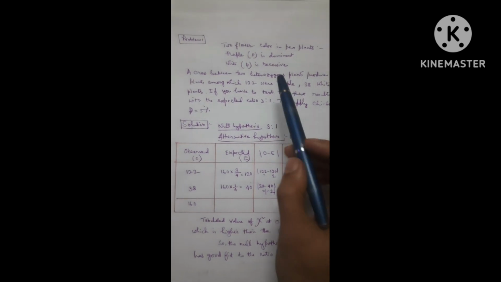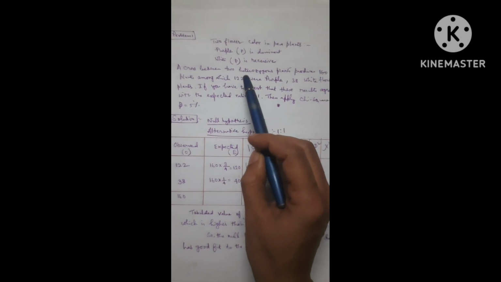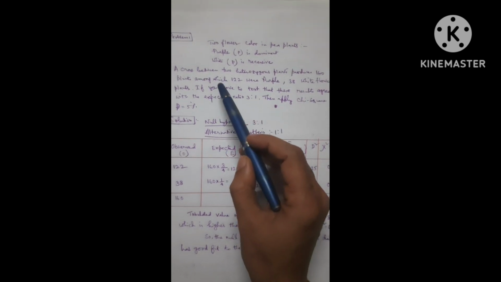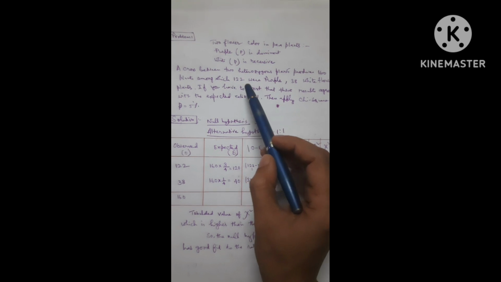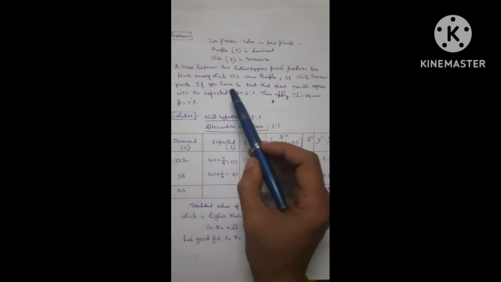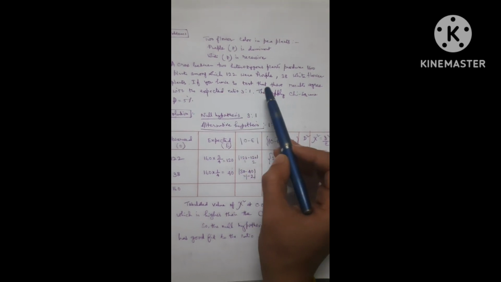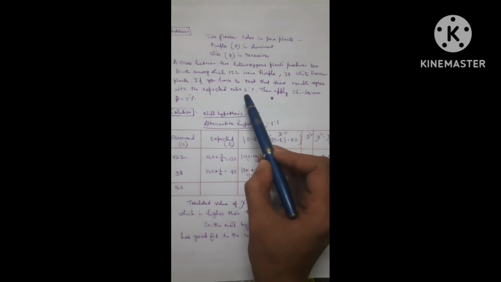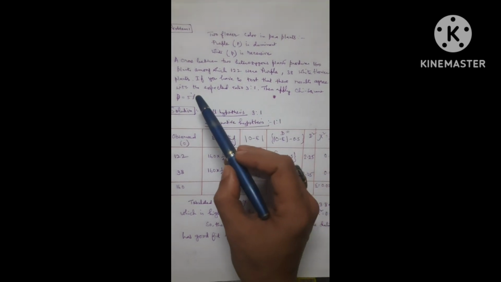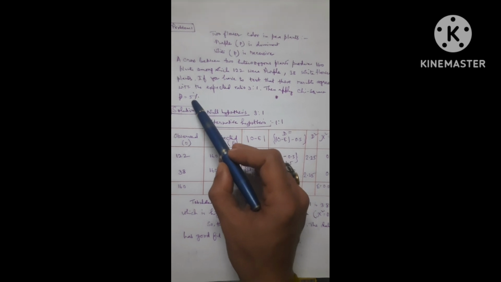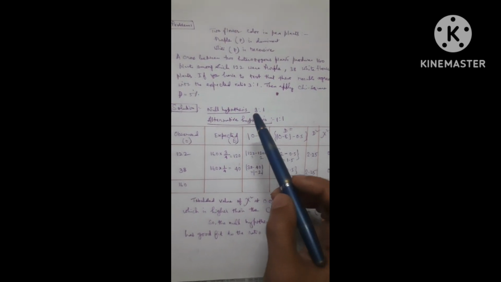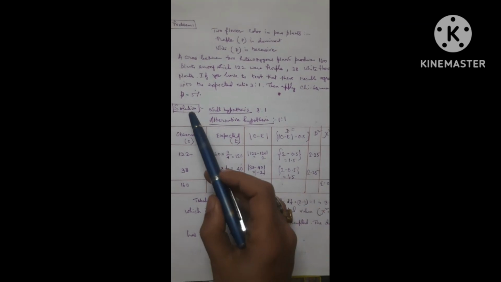Now suppose a cross between 2 heterozygous plants produces 160 plants, among which 122 were purple and the rest 38 were white. If you have to test whether these results agree with the expected 3:1 ratio, then apply chi-square at 5% level of significance. This may come in your exam. So, solution.